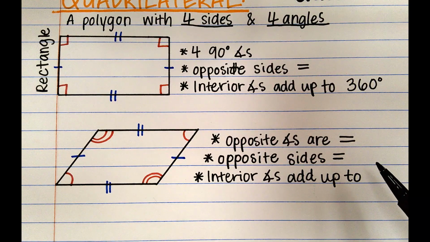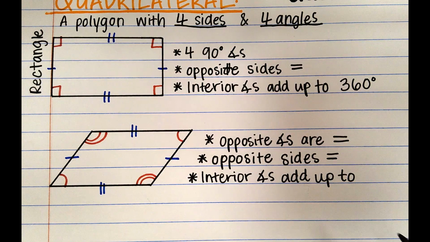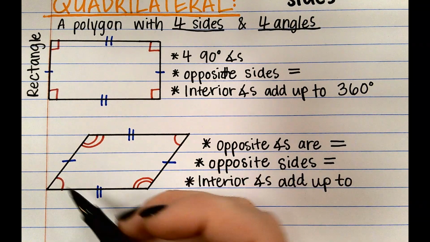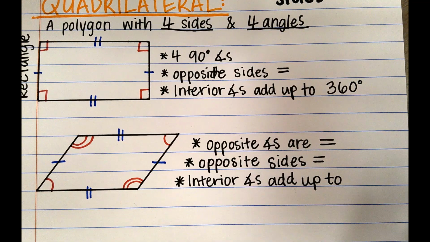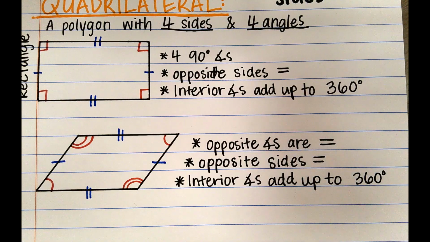It's going to be 360. Yes, it's going to stay 360. Every single quadrilateral that has 4 sides and 4 angles, its interior angles will always, no matter what, add up to 360 degrees.